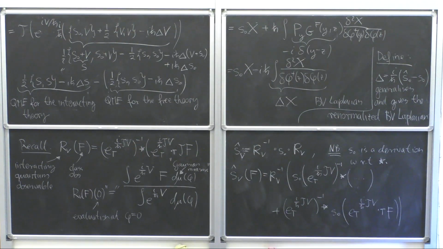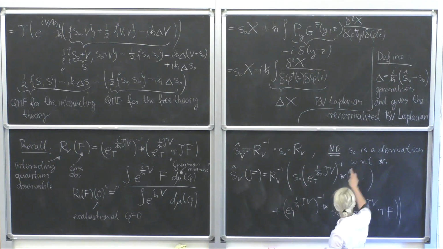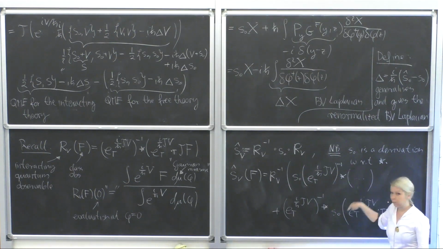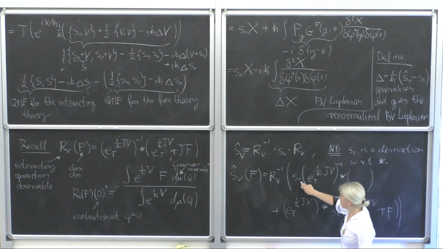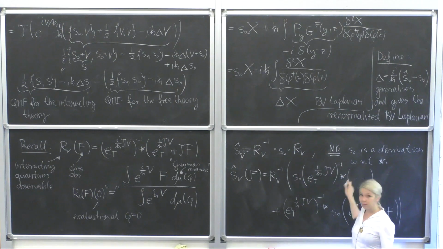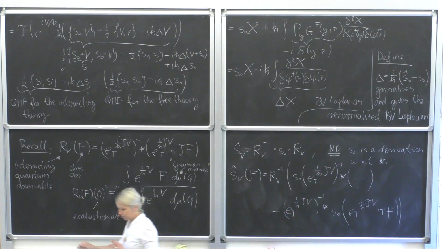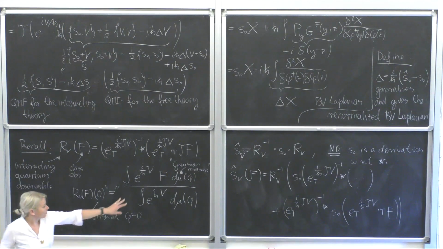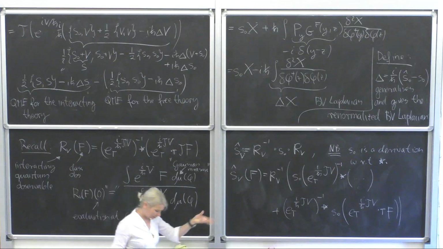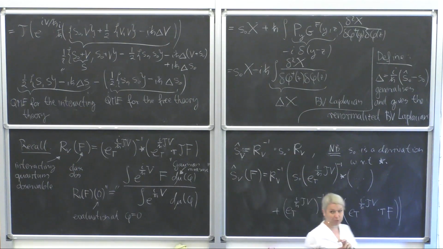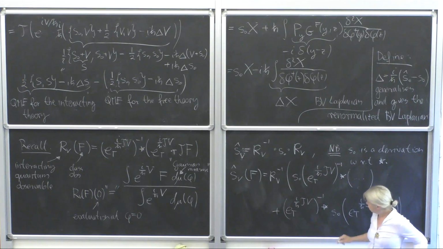All right, so now using the fact that S0 is a derivation, we split it into these two terms. Similarly, you can write S0 acting on the inverse of the S matrix as, well, it's proportional to S0 acting on the S matrix itself. Again, there's a nice algebraic way of writing a derivation acting on the inverse.